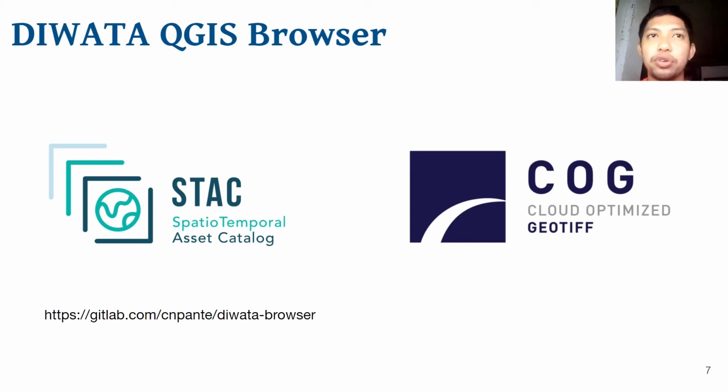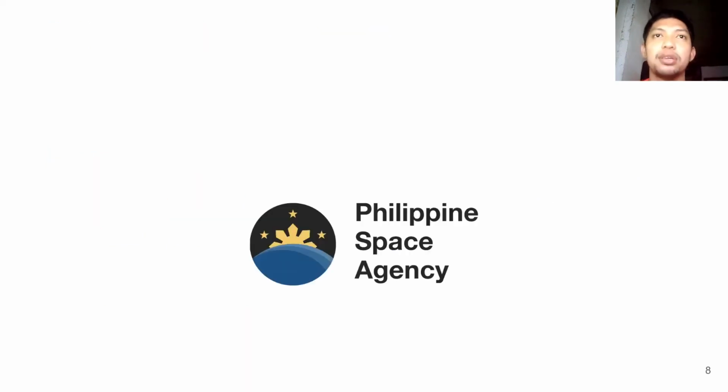Finally, it has also helped in our programs to demonstrate our capabilities in making applications and distributing data, especially as we are young in the space industry. Thank you all for listening.